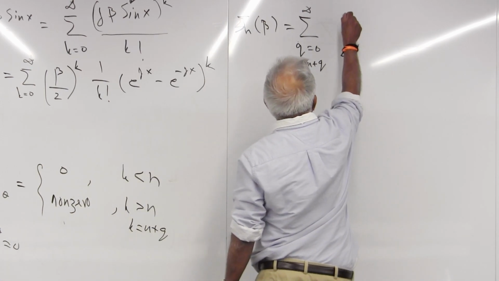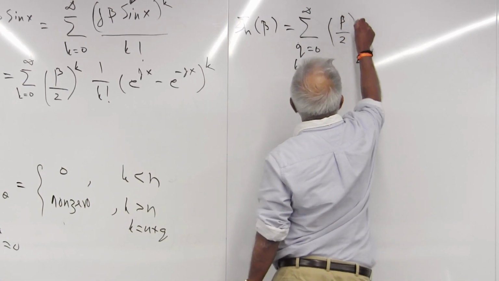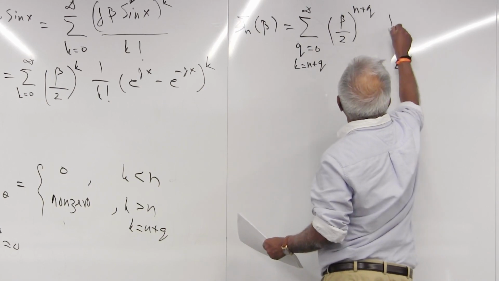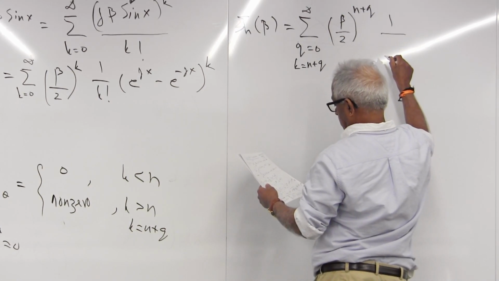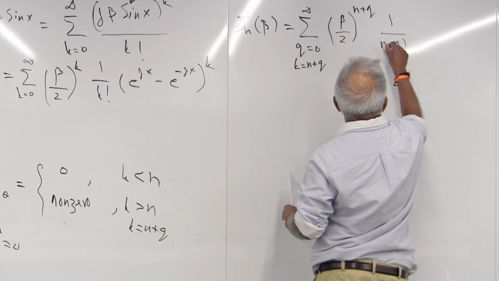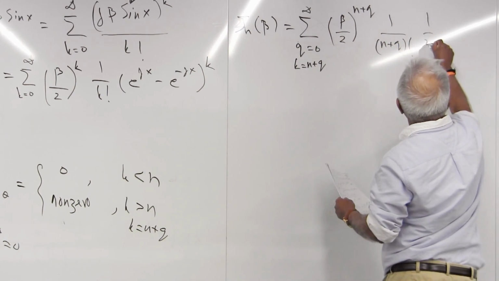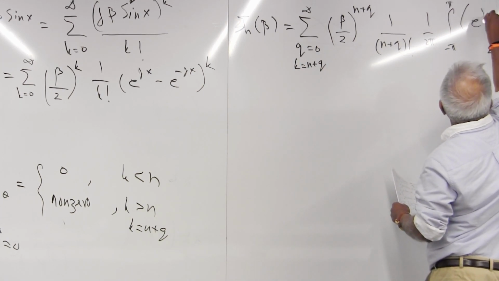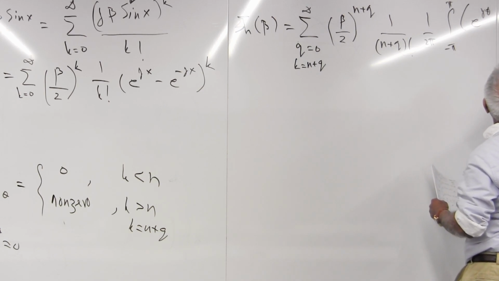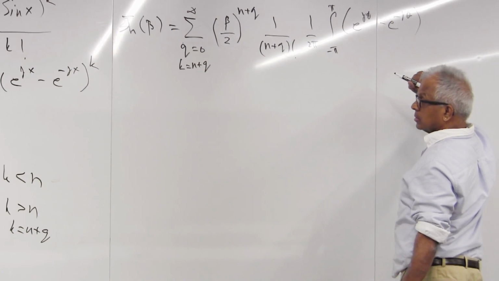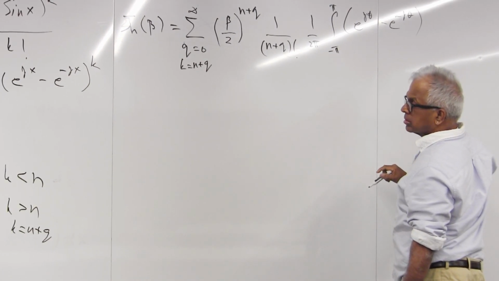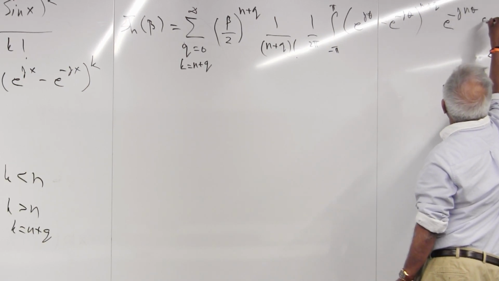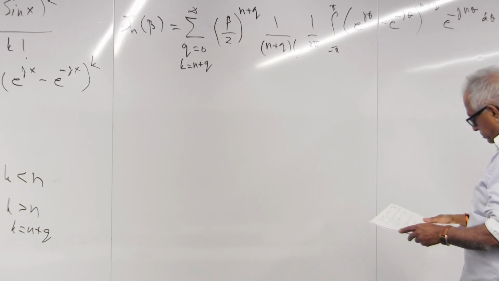So it is beta by 2 to the power k, k is n plus q, then 1 over n plus q factorial, then 1 over 2 pi, integral from minus pi to pi of e raised to j theta minus e raised to minus j theta to the power k, k is n plus q, and e raised to minus j n theta d theta. This needs to be simplified.